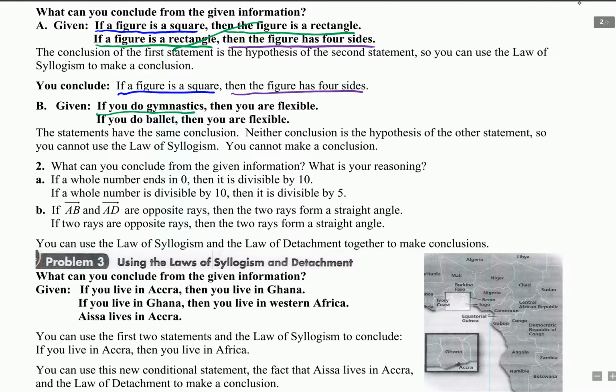If you do gymnastics, then you are flexible. Let's look at the next one. If you do ballet, does that match anything that we have? No, it doesn't. So new color. And the conclusion, then you are flexible. Do we have two parts that match? Yes, we do. But this time, the conclusions match.